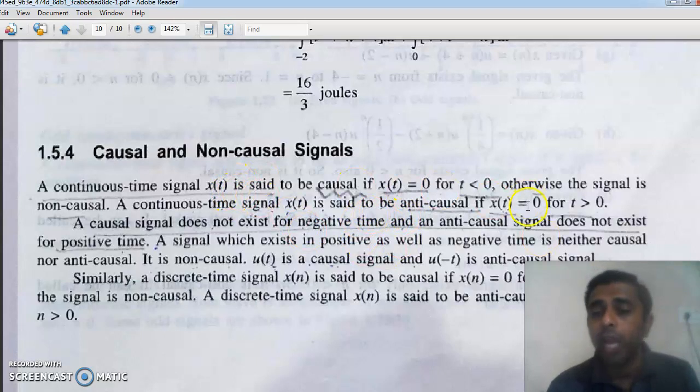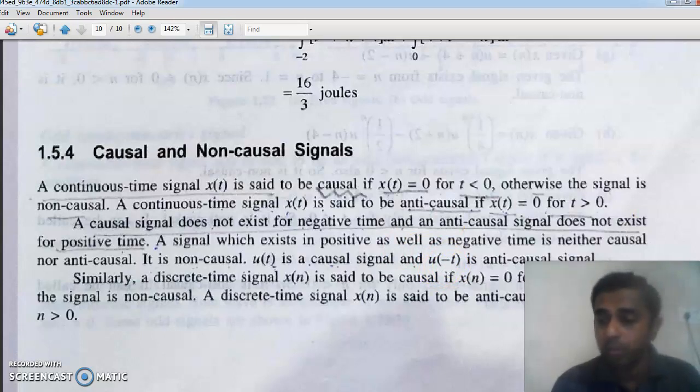It is having values only for negative values of time, that is, it is having value 0 for t greater than 0. Okay, and so what is a perfect causal signal? u of t is a perfect causal signal because it is having values only from 0 to plus infinity. Okay, and u of minus t is strictly anti-causal because it is having values only from 0 to minus infinity.